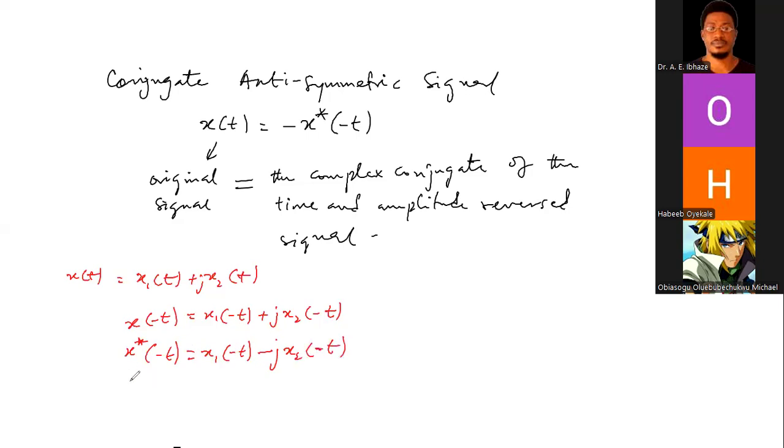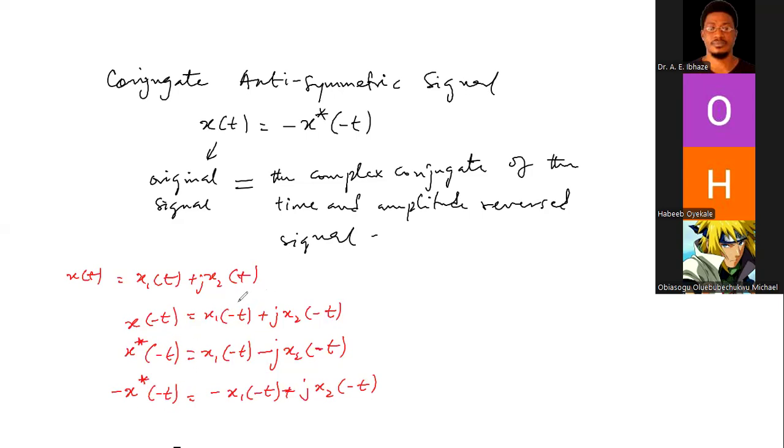Then we now perform the amplitude reversal, minus S conjugate of minus t, which will now give us minus S1 of minus t. Minus times minus becomes plus j S2 of minus t. So here we have performed amplitude reversal.